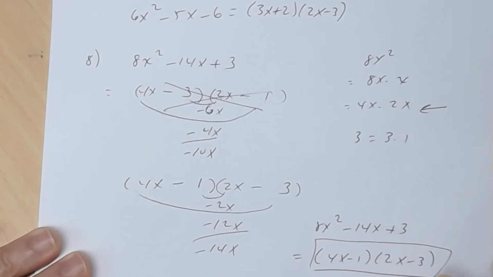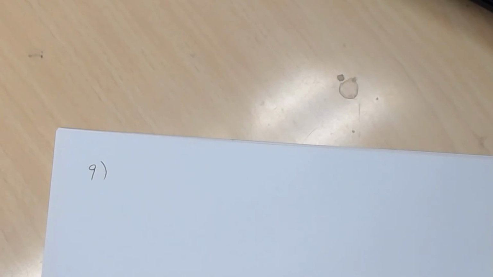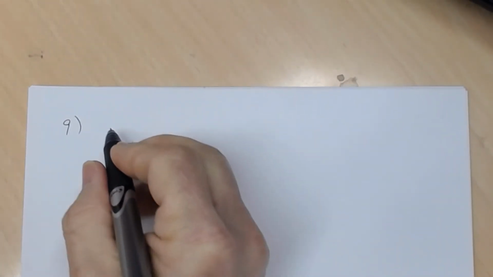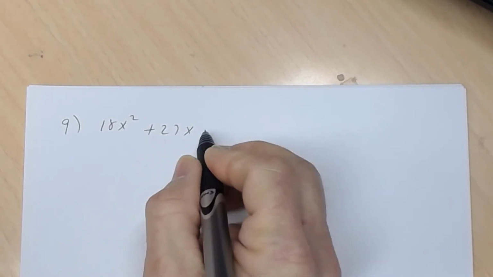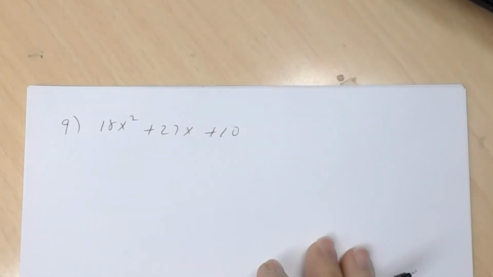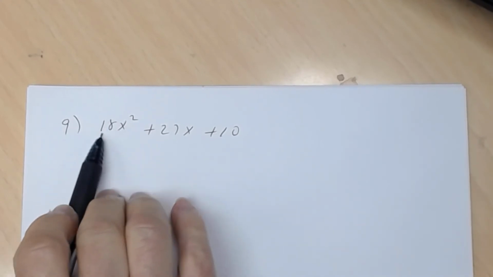All right, number 9. Let's suppose we had 18x squared plus 27x plus 10. So I'm going to use trial and error. This is a little bit more challenging because of the 18.